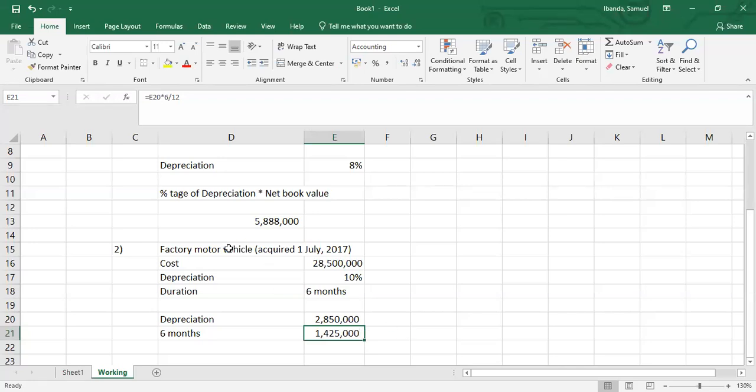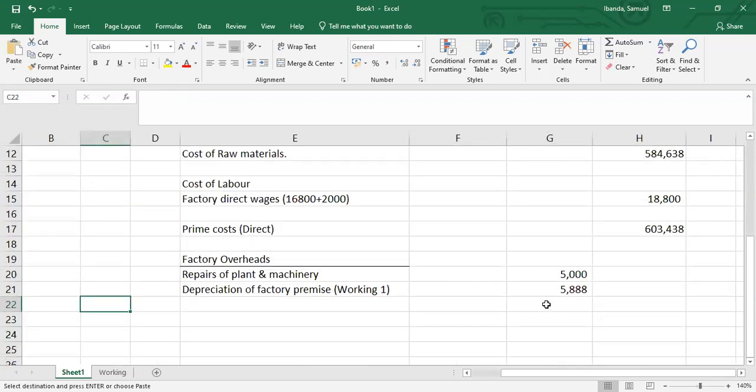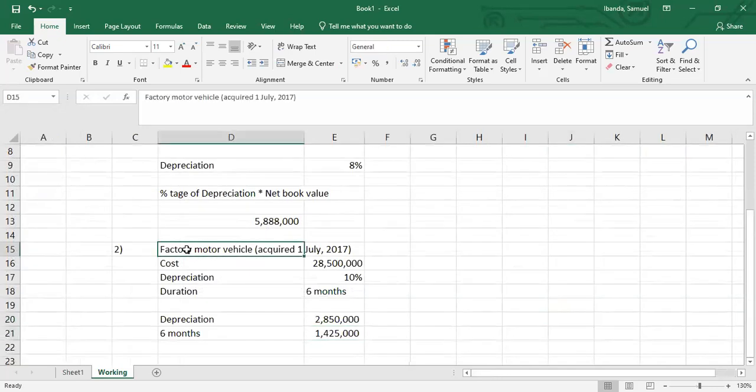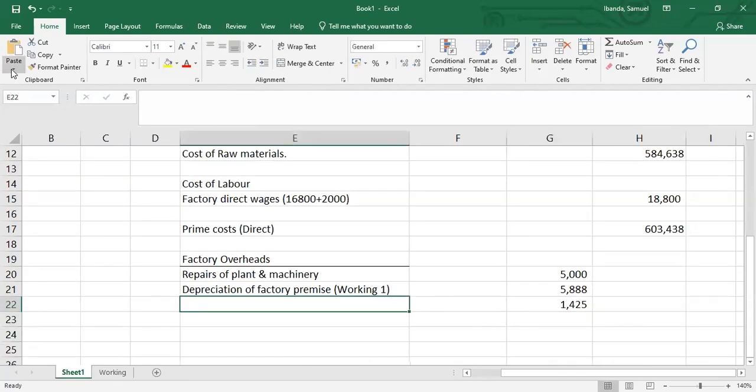So after I've done that, I'll now come and put my depreciation in the factory and pick the amount. So I'll come here and put the amount there. Of course, I'll remove the 3 zeros, so it becomes 142. I'll just come and put my narration here. Allow me to copy.